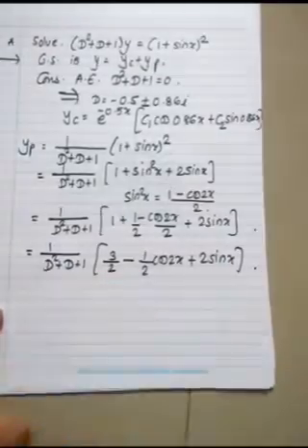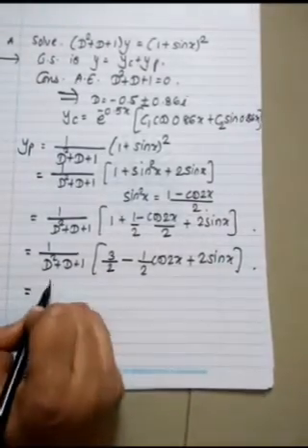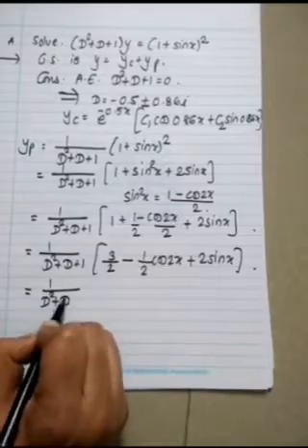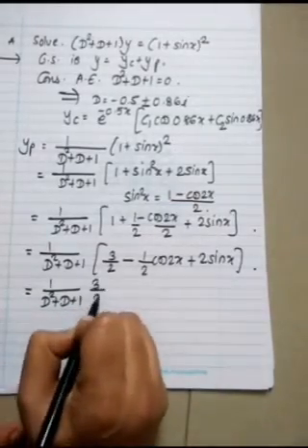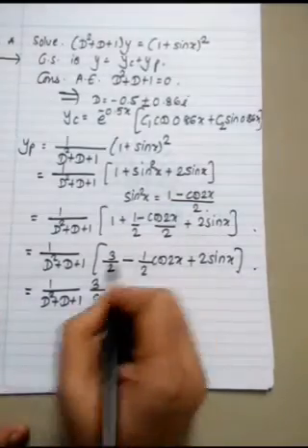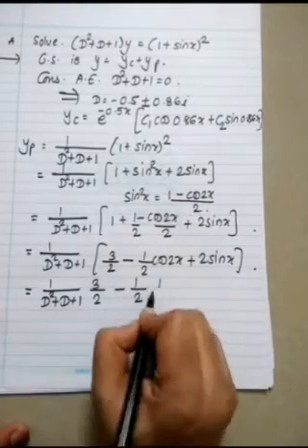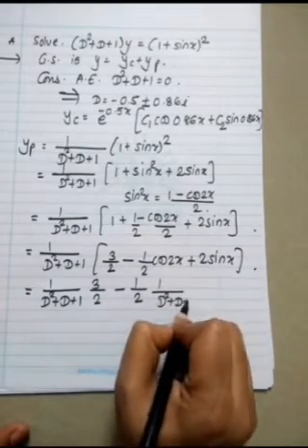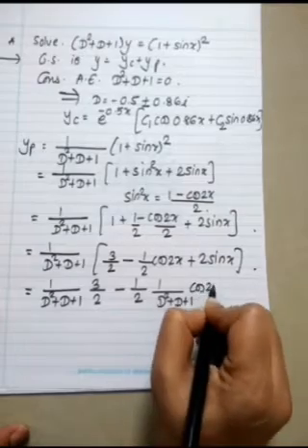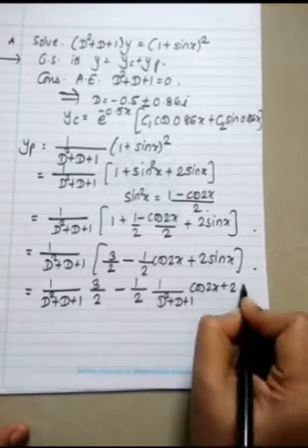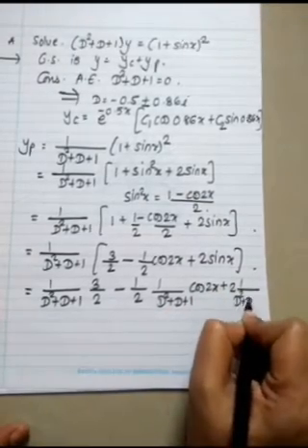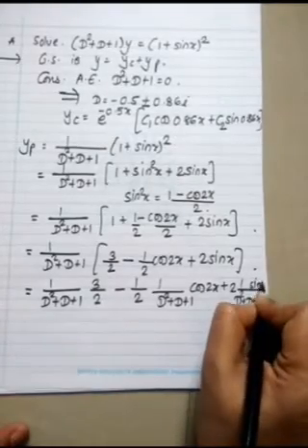Now everything is sorted, so we'll separate it. 1 upon D square plus D plus 1 into 3 by 2, minus that 1 by 2 will come out, 1 upon D square plus D plus 1 into cos 2x. Here 2 will come out, 1 upon D square plus D plus 1 into sin x.